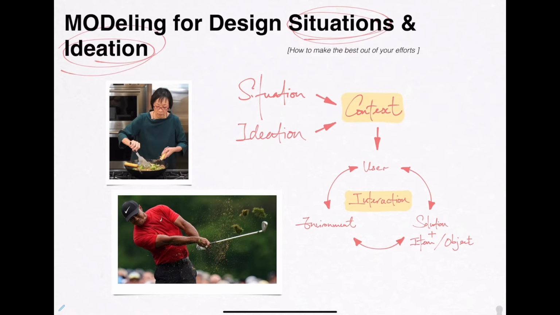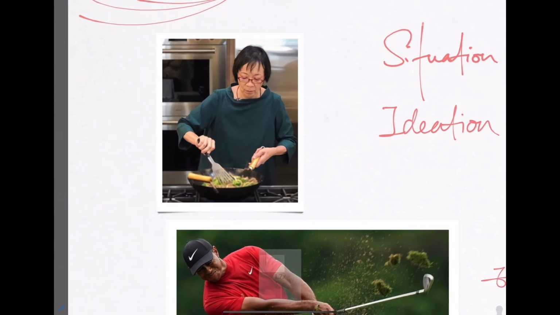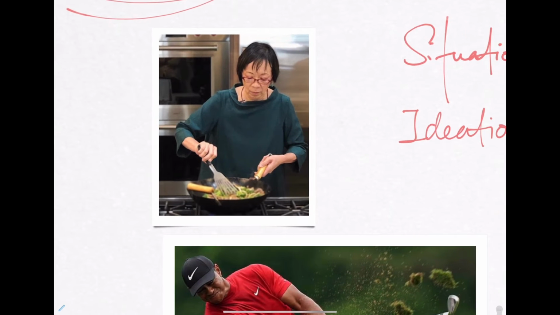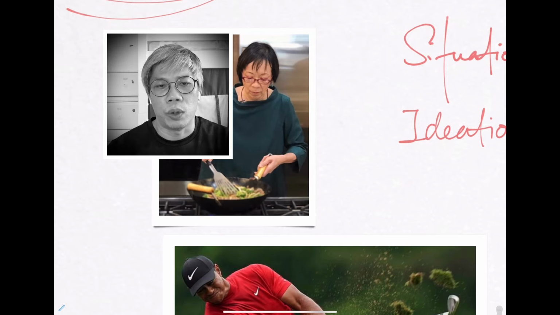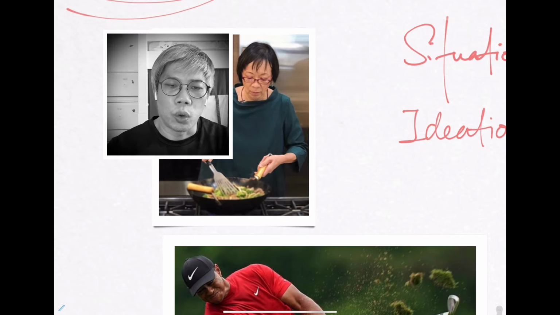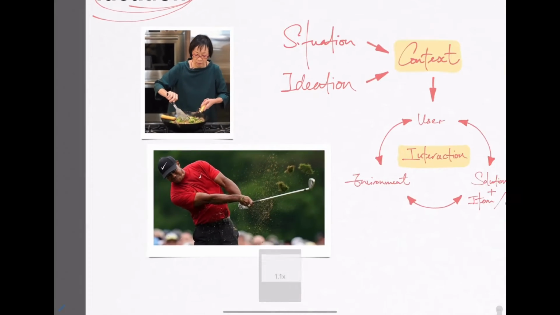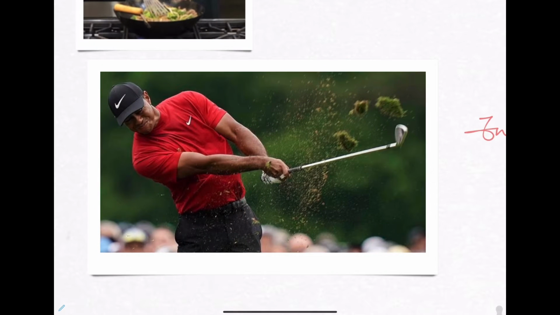So in this example, you have a lady frying something using a spatula and a wok. So here is a situation: the user in a kitchen using a frying pan and a spatula, cooking. The action is cooking. And then here you have a very famous golfer with the Photoshop taking him in action.